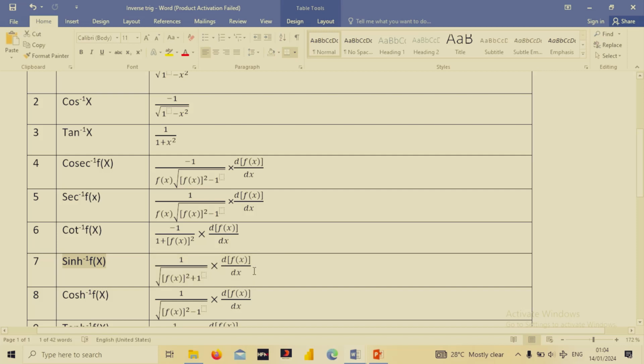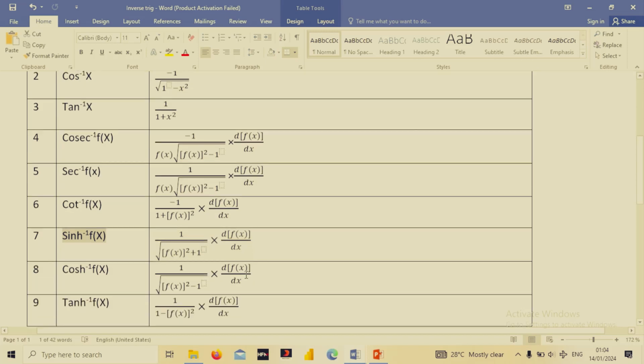I repeat it again. Sinh inverse of f of x is equal to 1 all over root of f of x squared plus 1 times the differentiation of f of x with respect to x. Then we also have cosh inverse of f of x here. So cosh inverse of f of x is equal to 1 all over root of f of x squared minus 1 times the differentiation of f of x with respect to x.